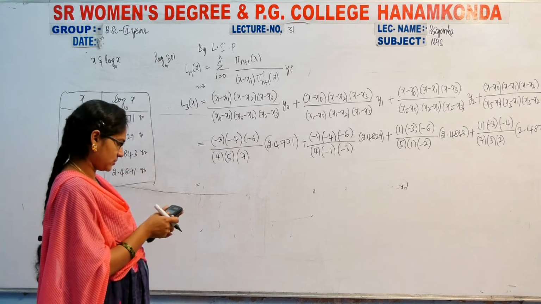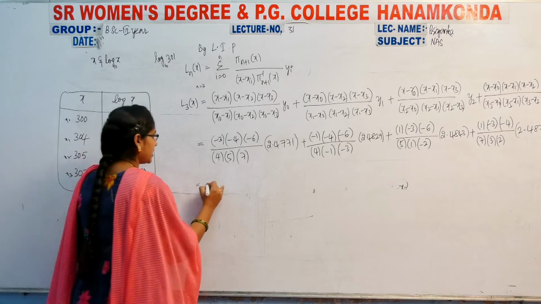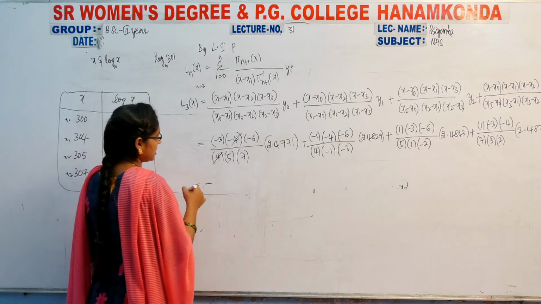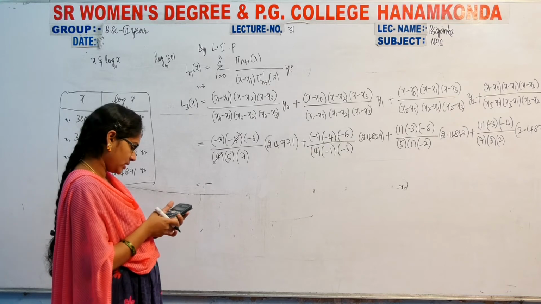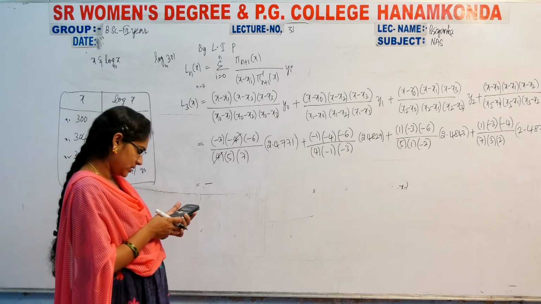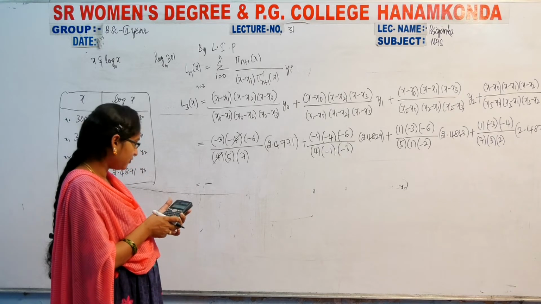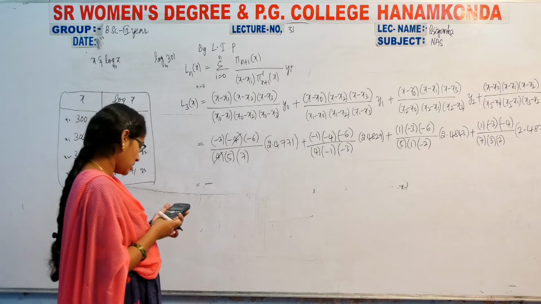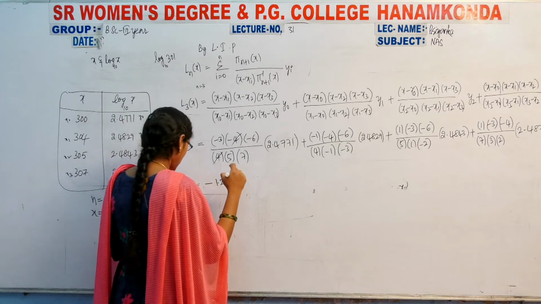Just calculate. Now what we get? Simply minus into minus plus, here we will get minus directly, and 4 get cancelled. Okay, so now here 3 6s are 18 divided by 35 into 2.4771. So it is minus 1.273937.